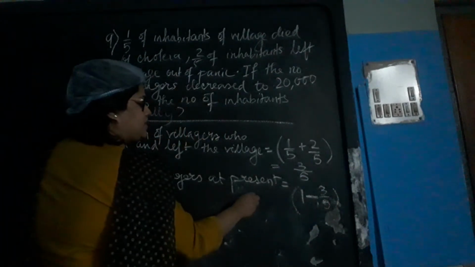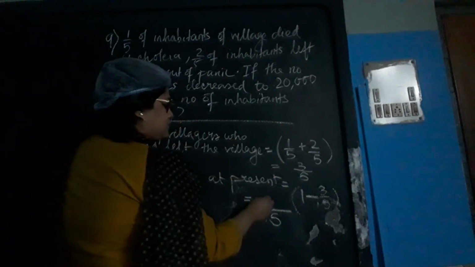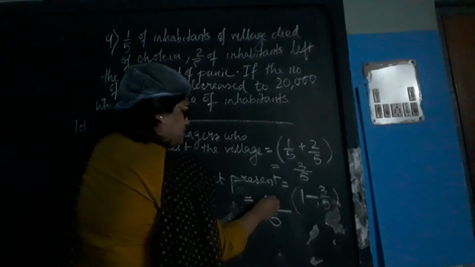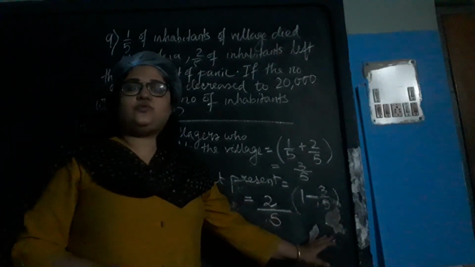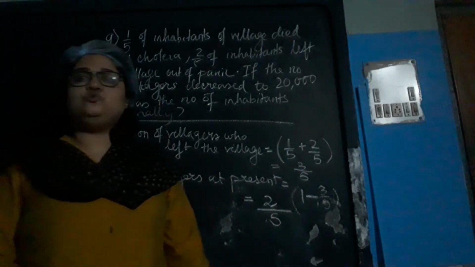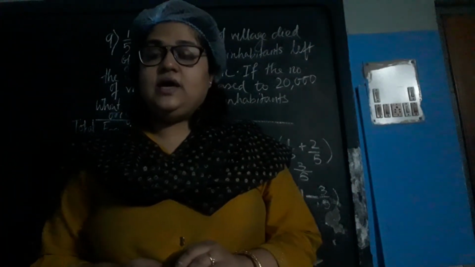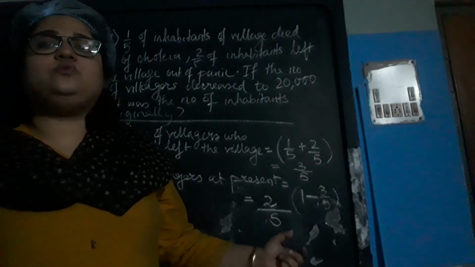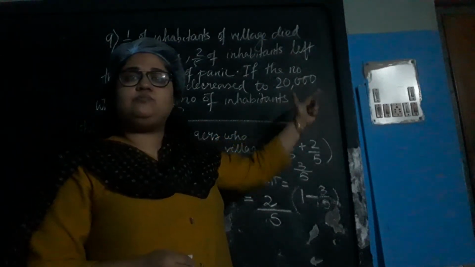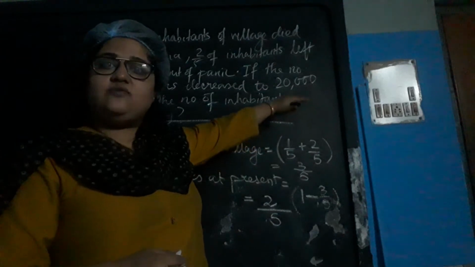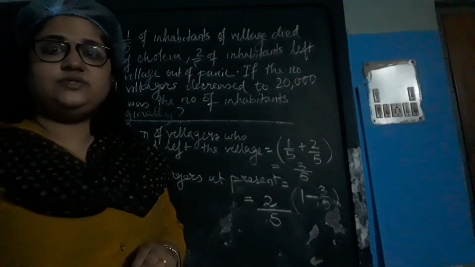So 1 minus 3 by 5 is equal to 2 by 5. So 2/5 of villagers are still present in the village. Now you also know this is the fractional value, but the actual value is also given, 20,000 people are there in the village. So the exact value is also given, and the fraction you also know of how many are still residing in the village.